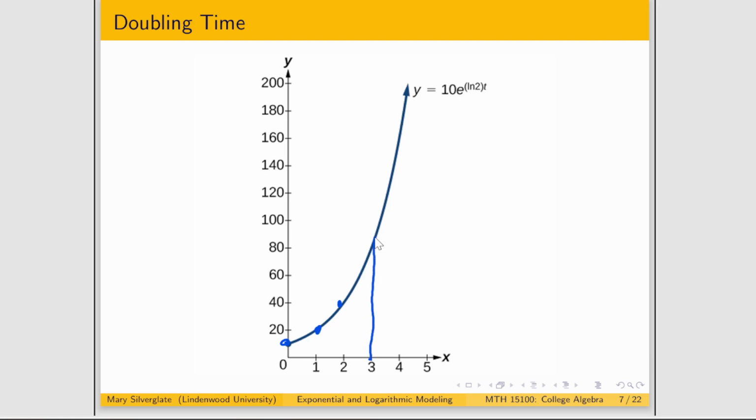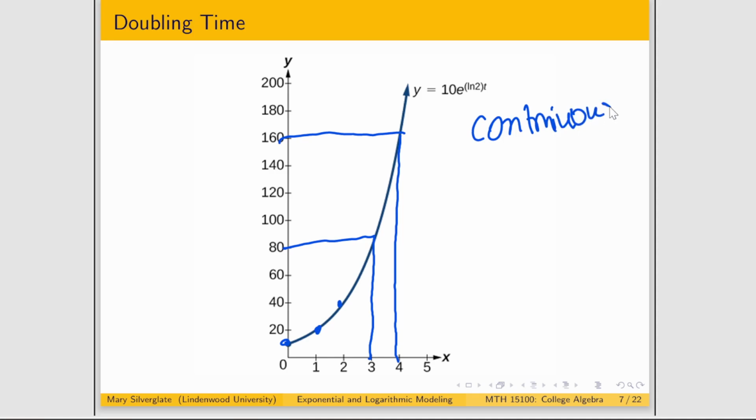After 3 hours, we have 80. After 4 hours, we have 160, so it's doubling every single hour. That's that continuous exponential growth. And again, we would have to have some way of knowing it was continuous exponential growth.